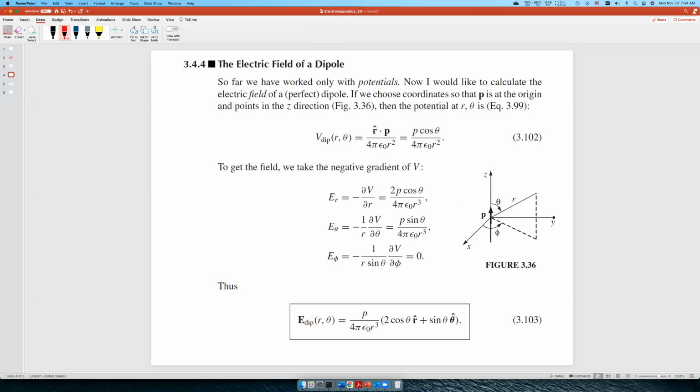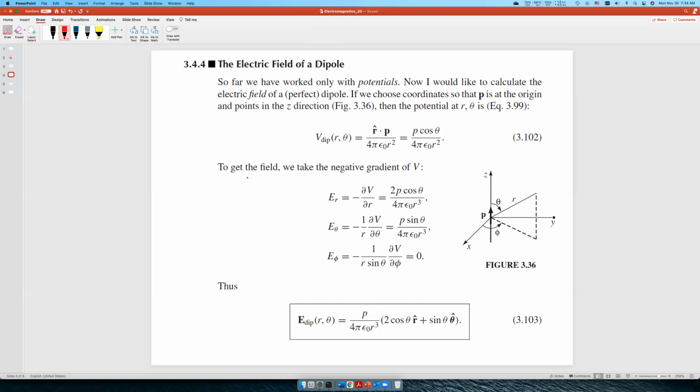It equals P dot product r hat, the direction of r, over 4 pi epsilon 0 r squared. It equals the magnitude of P cosine theta, where theta is the angle shown here, over 4 pi epsilon 0 r squared.